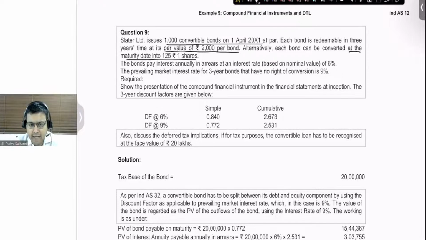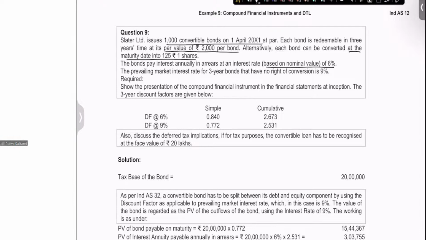The bond pays interest annually in arrears at an interest rate based on nominal value of 6%. This is your coupon rate. The prevailing market interest rate for 3-year bonds having no right of conversion is 9%. So required, show the presentation of the compound financial instrument in the financial statements at inception.